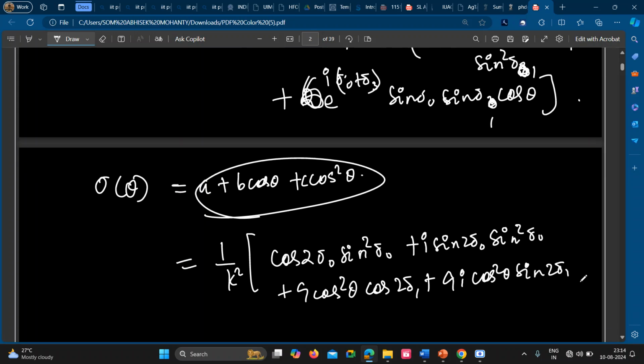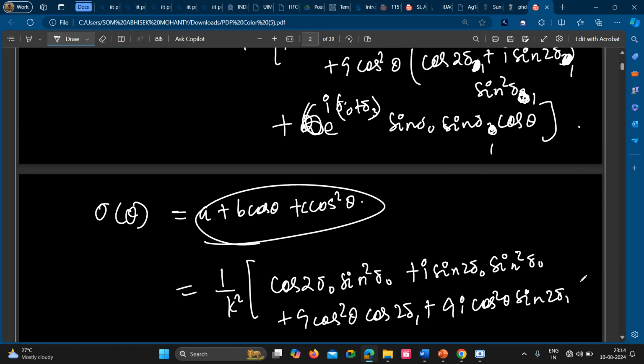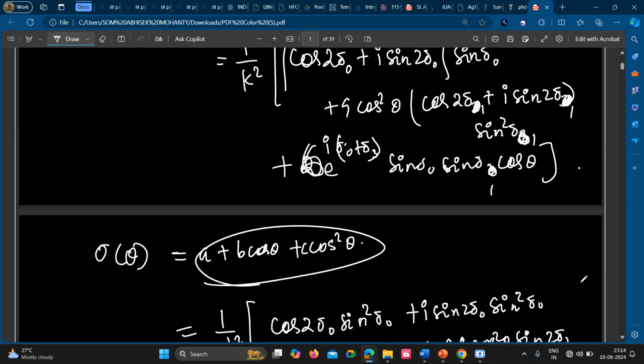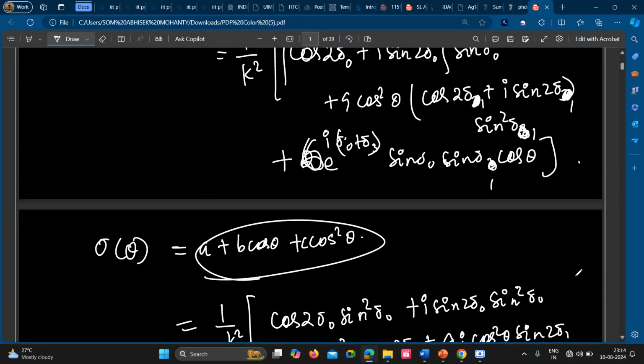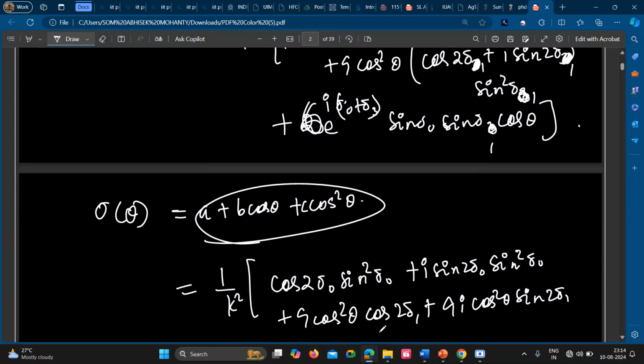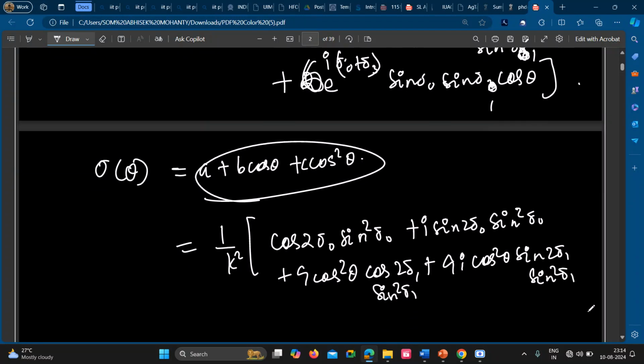Then there is another term also, sine square delta 1. So you have to do it this way, there is no other way. You have to expand it.